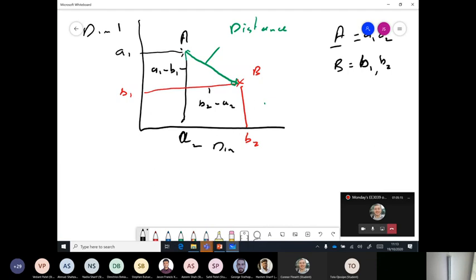And I'm sure you know from Pythagoras' theorem that the distance D is going to be equal to A1 minus B1 squared plus B2 minus A2 squared, and the whole thing is square rooted. And that is the Euclidean or true distance.